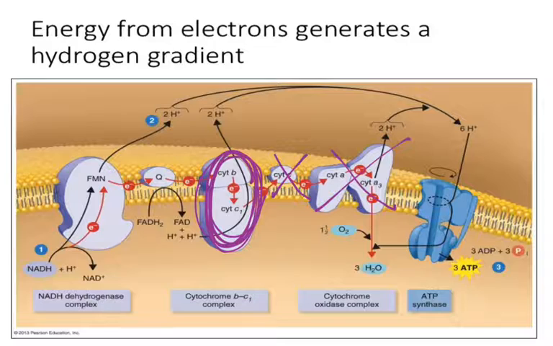Glycolysis gives us how many? 2. Krebs cycle gives us how many more? 2 more. And then from oxidative phosphorylation, at least when oxygen is the final electron acceptor, there's 34 more for bacteria. That's where the 38 comes from. So that's why I say for anaerobic respiration, it's more than 4, but less than 38. Okay?